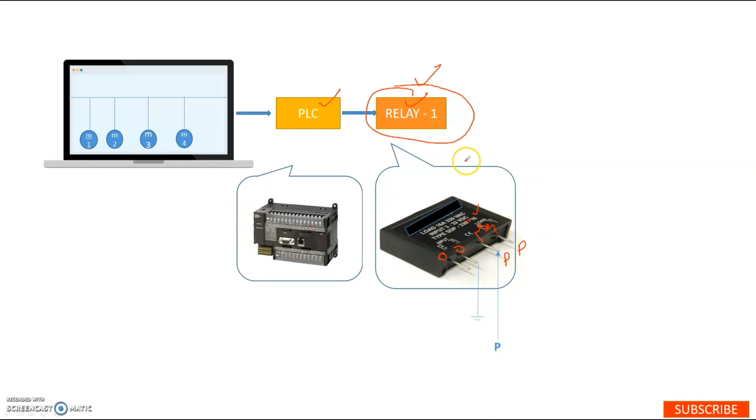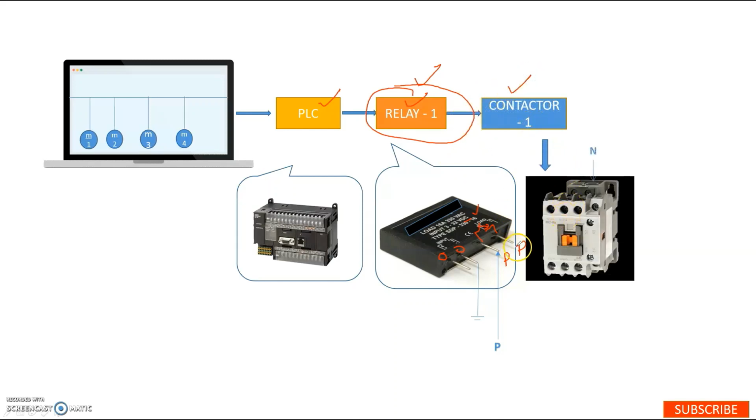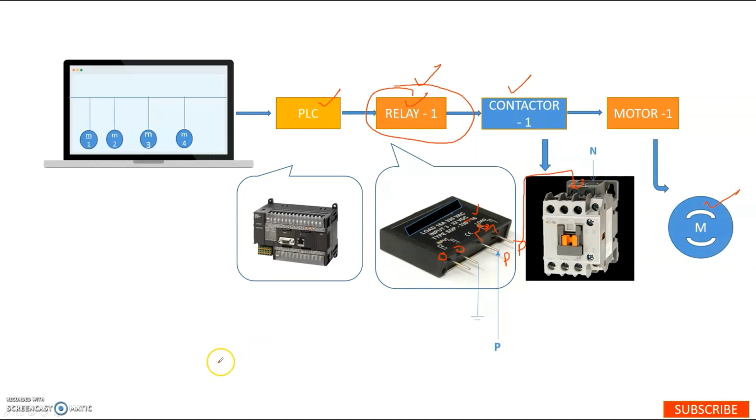So now if I move further, this relay is going to command this contactor, it will command this particular coil, and accordingly the closing of the contactor will happen and we can make our motor rotate, or we can switch on the power to the motor.